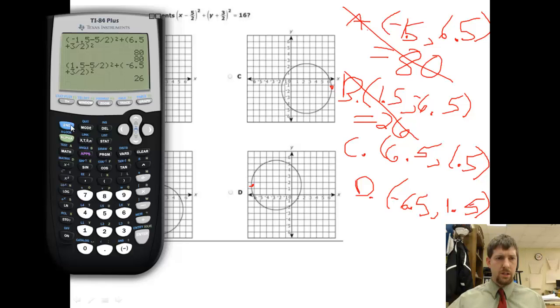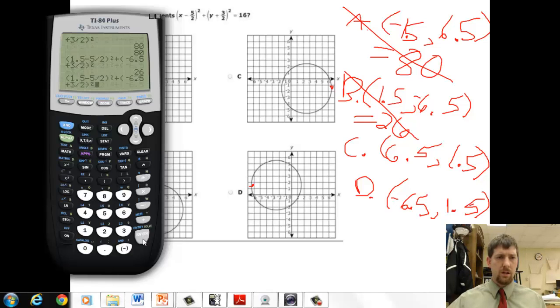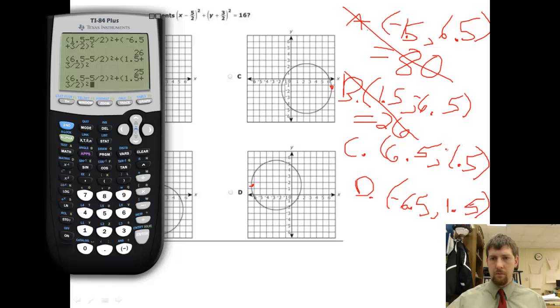If we go with choice C, second enter brings back up my equation. Change it to positive 6.5 and delete, and then I want positive 1.5. Sorry guys, it should have been negative 1.5 for C because we went down 1.5.